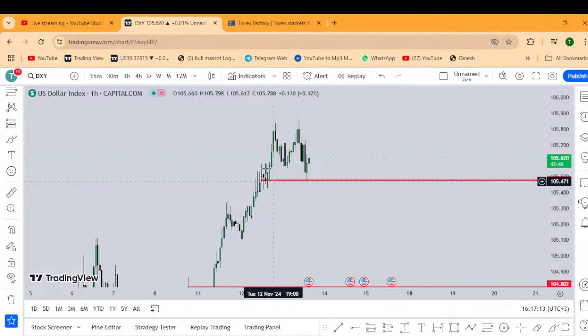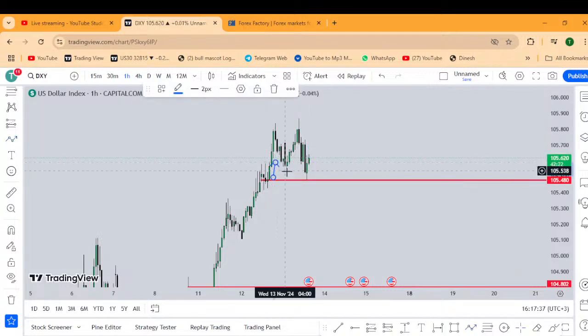You see, this was a good area for possible buyers. You see this expansion which was here, this expansion was an indication that this area is rich for buyers. And you see that the market has respected this area.